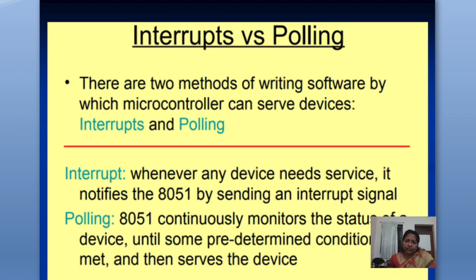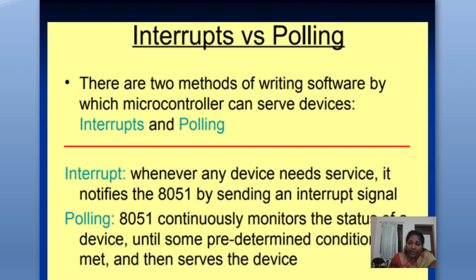Now, is it useful to go for an interrupt? It is useful because if you don't have an interrupt system, we'll be continually in a polling process. For example, I know that students may come in between, join in between. If I don't work in interrupt mode, I'll be continuously checking, is a person coming, is a person coming.